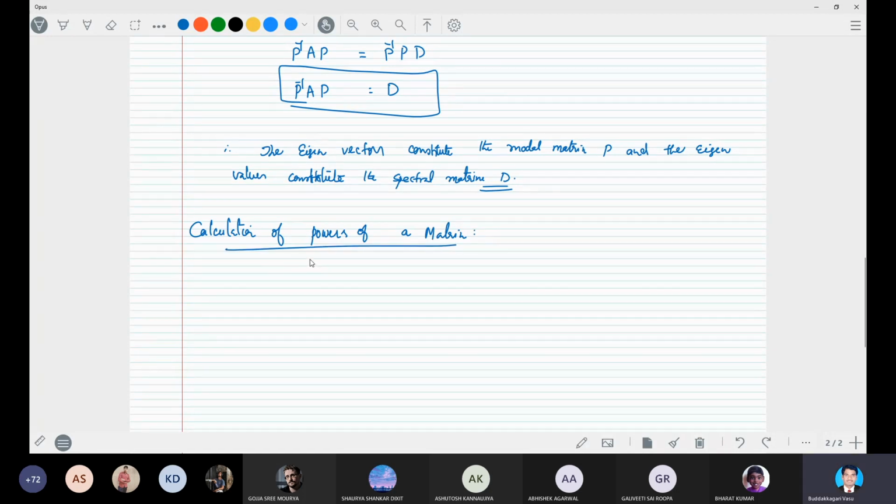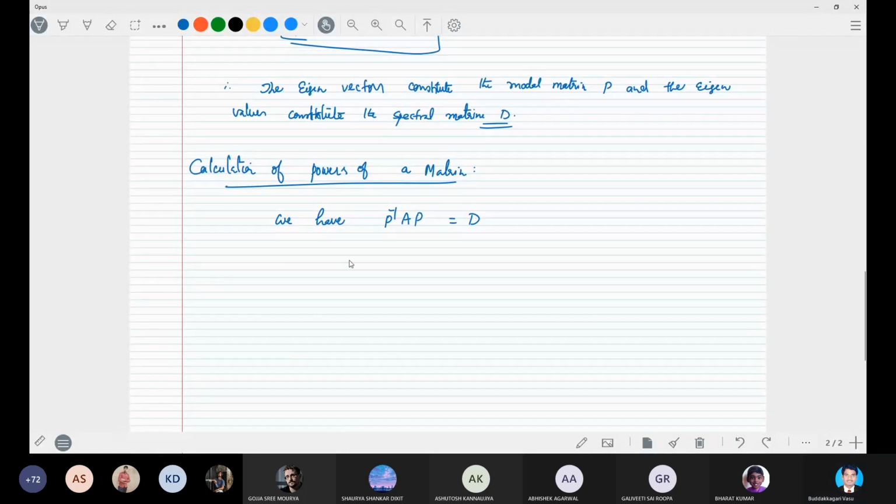You see, we can calculate the power of the matrix. We know that the matrix P diagonalizes the matrix A, so we have P inverse AP is equal to D, where A and D are similar, right? So from this we can write it.